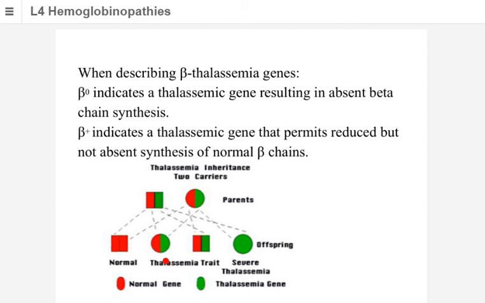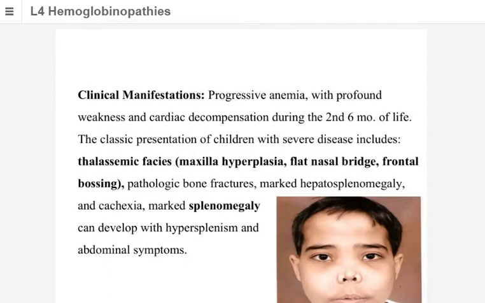This is the incidence in each pregnancy: 25% will be affected, 25% normal, and 50% will be carriers.